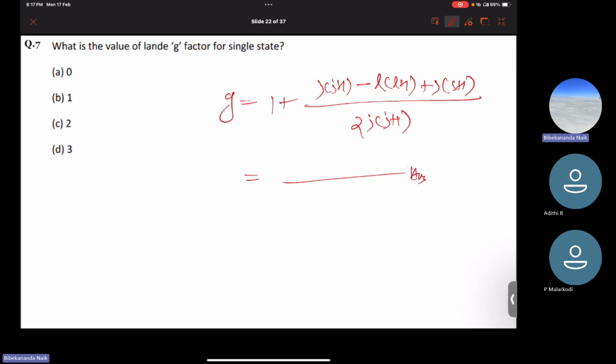Then if we put all these values, we will find out the correct option.